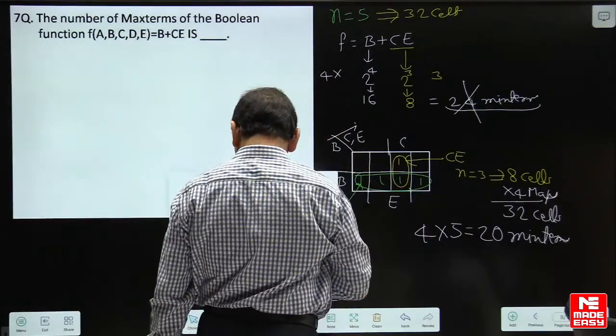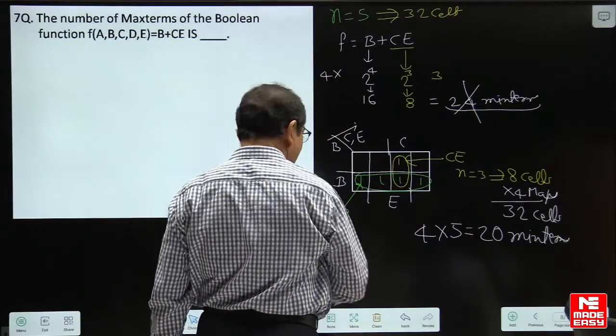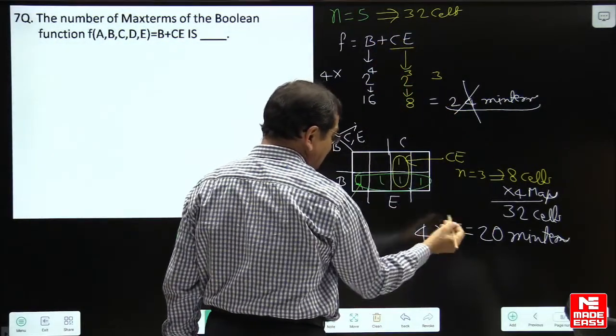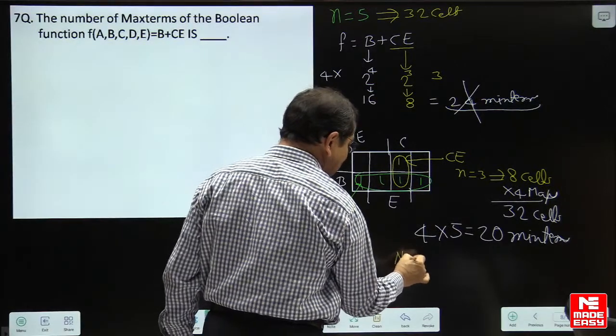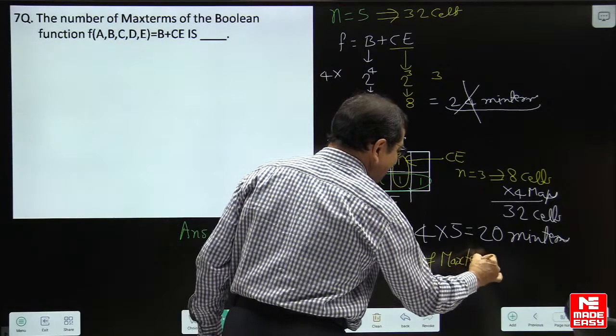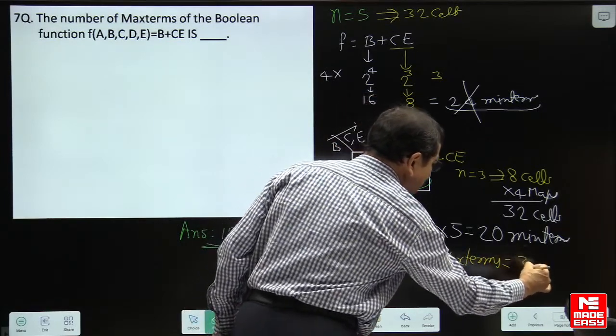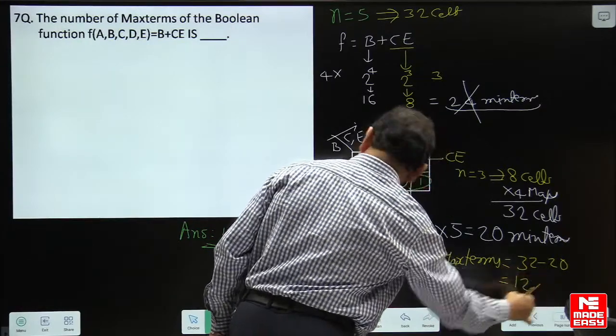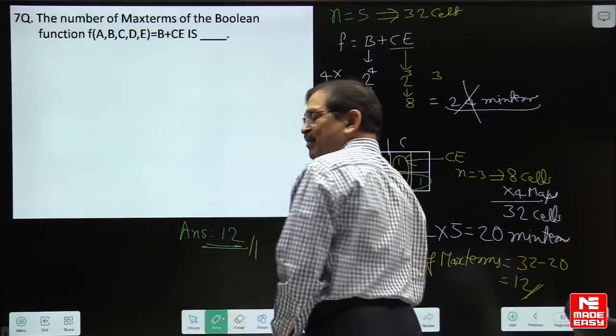So in total we have 32 combinations. Out of 32 combinations, 20 combinations are the min-terms. So the number of max terms, the answer will be 32 minus 20, so that is 12. The answer is 12. It's the thing what I gave.